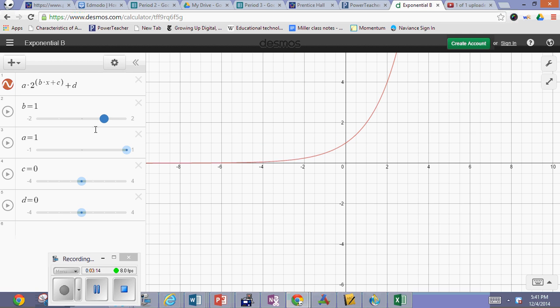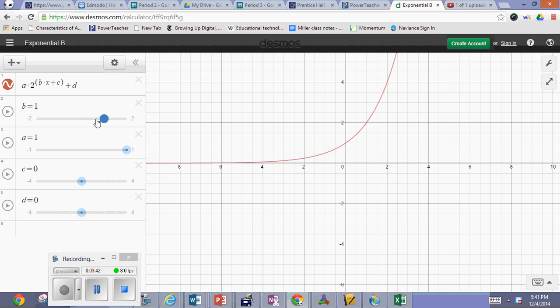Exponential growth, exponential decay. And remember, we showed you how we did that analytically, because 2 to the -x is the same thing as (1/2) to the x. So there's our exponential decay, with the value of x being replaced with its opposite.